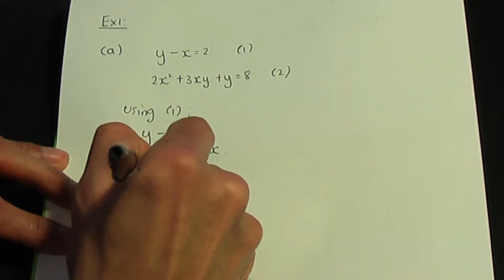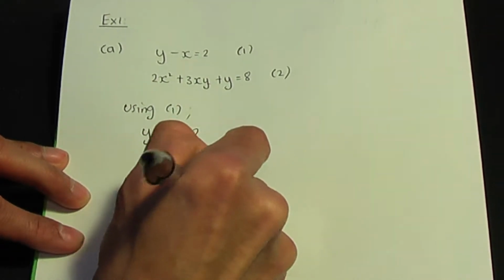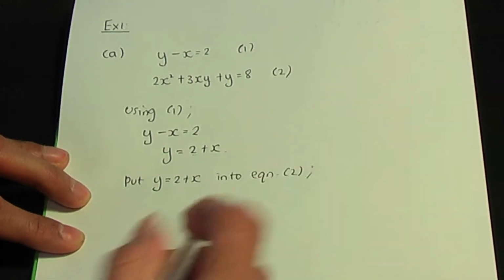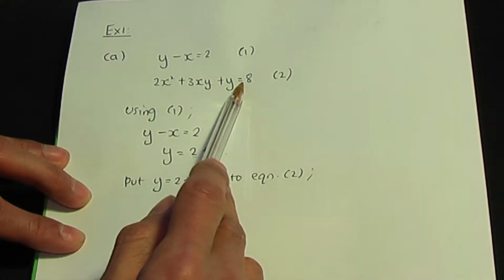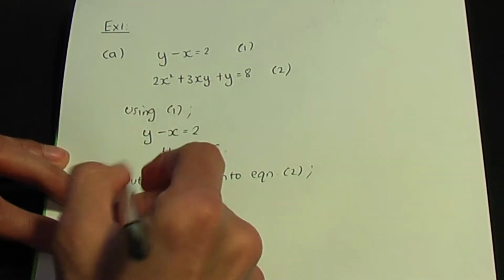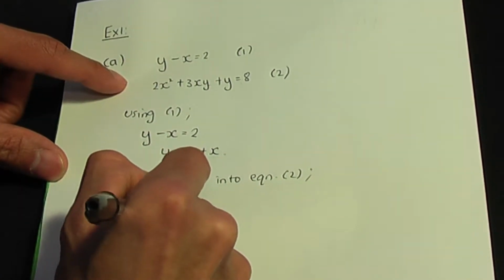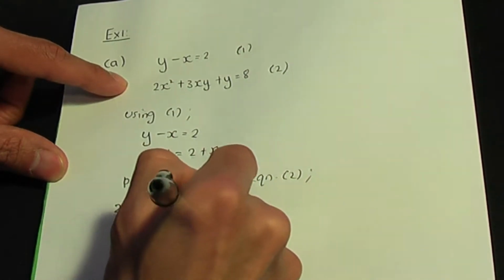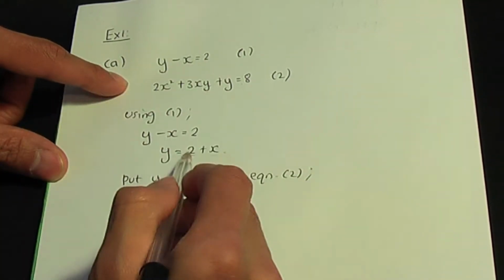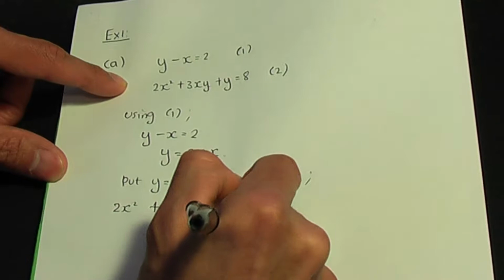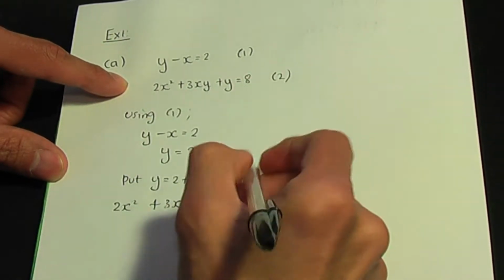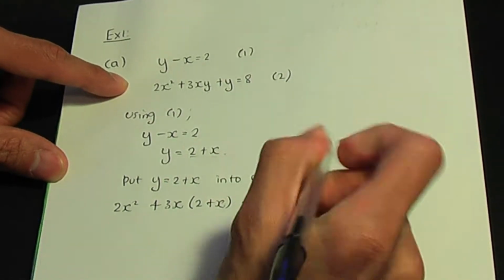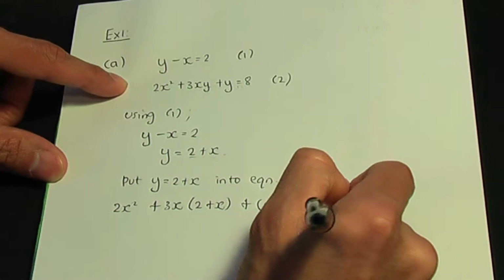So if I put y is equal to 2 plus x into equation number 2, in other words, if I replace the y's in equation 2 by 2 plus x, we're going to have 2x squared plus 3x, open a bracket, y is going to be replaced by 2 plus x, plus the y, so plus, and y again is replaced by 2 plus x, and that is equal to 8 on the right hand side.